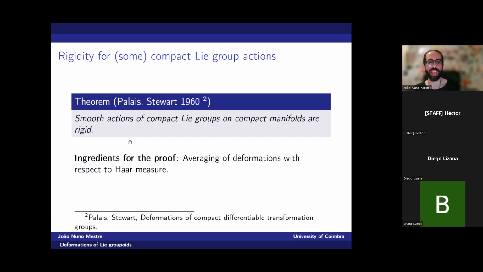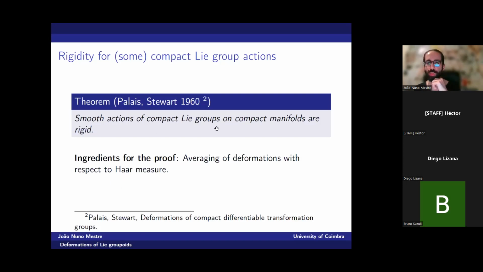Okay. And the way Palais and Stewart proved this was by first taking some infinitesimal representative for these deformations of actions, and then averaging those infinitesimal deformations with respect to a Haar measure for these Lie groups, which exists because it's a compact Lie group, and it's a bi-invariant Haar measure.